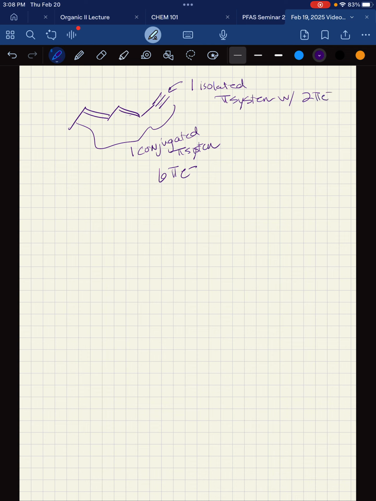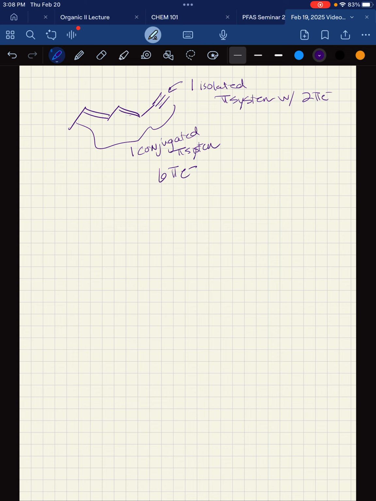And it's for a similar reason in that the carbon atoms on the alkyne are involved in 2 pi bonds. And so those 2 pi bonds are orthogonal to each other, or perpendicular to each other, and they do not overlap. So that means that one of those pi bonds is going to be not in the same plane as the rest of the pi bonds.